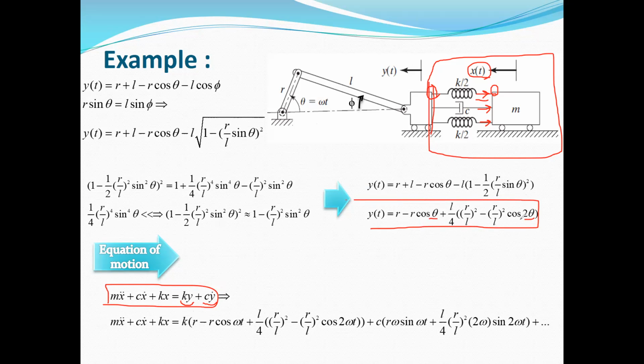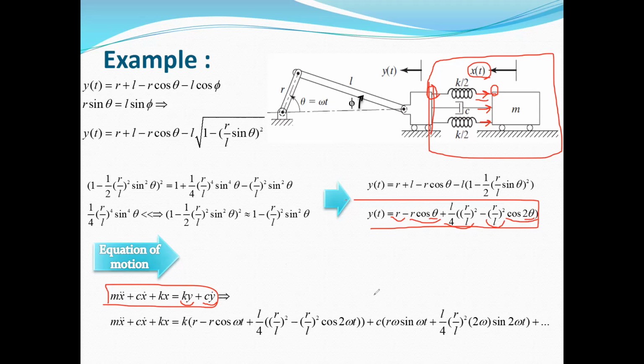So when you calculate the derivative of y with respect to time, the first term here, r, is a constant. The derivative of r cosine theta is minus r times sine theta. And here again, these terms are constants, and only cosine 2 times theta will have the derivative with respect to time.